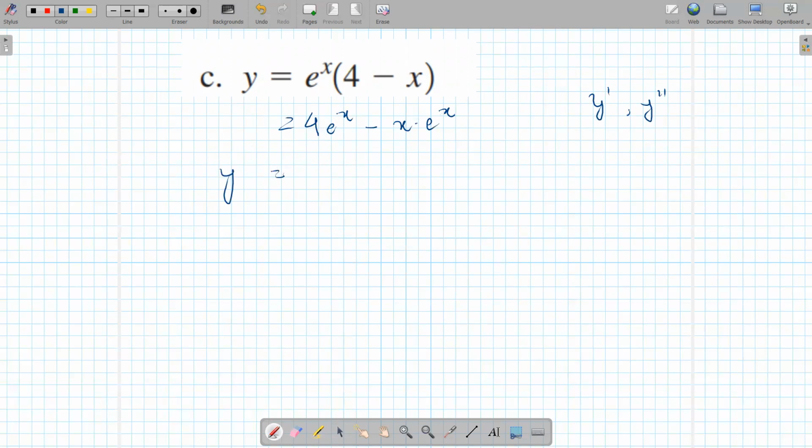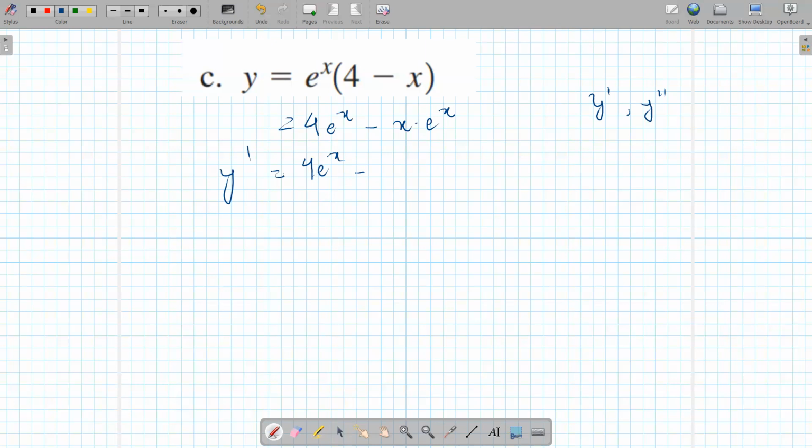What's the derivative of 4e to the x? Itself. Yeah. What about the second guy? Notice how there's multiple things multiplying.